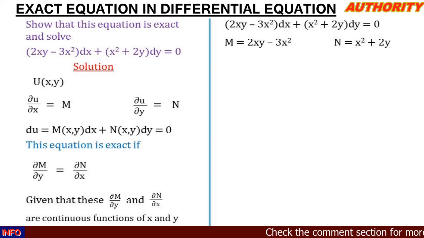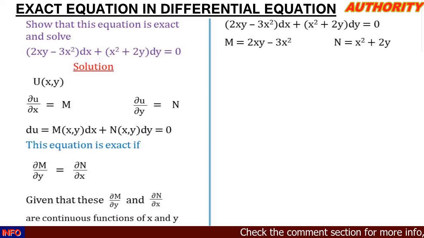This is a differential equation. The part or the section that is having the x, we are going to name it M, and the section or the part that is having the y, we are going to call it N. All right?